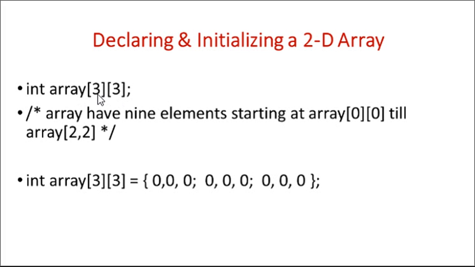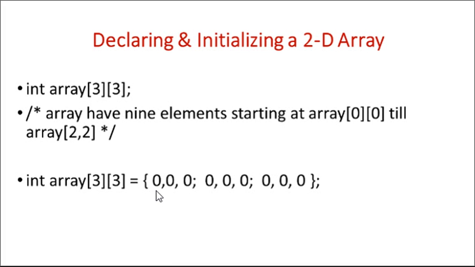3 by 3 means a total of 9 elements, as mentioned in the commented lines: the array has 9 elements, starting at array[0][0] till array[2][2], since we started from 0. Next, if I want to initialize all the elements of this array to zeros, I will write int array[3][3] with curly brackets and 0, 0, 0, separated by commas.